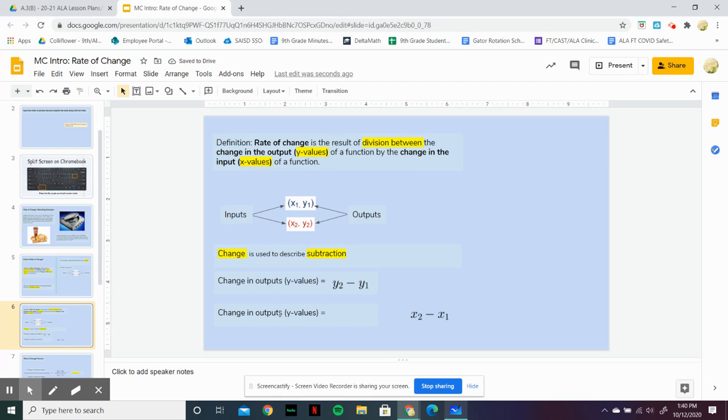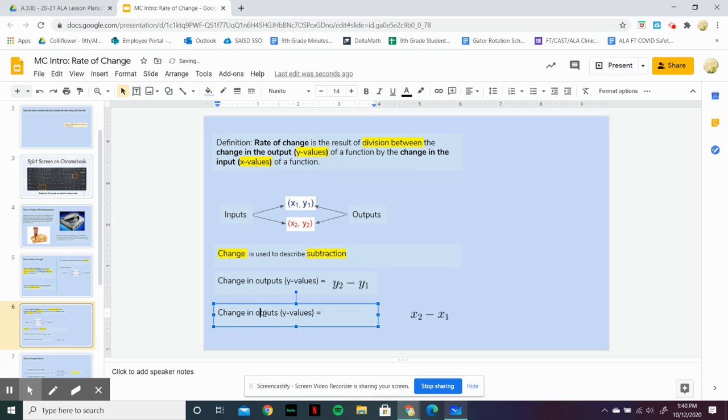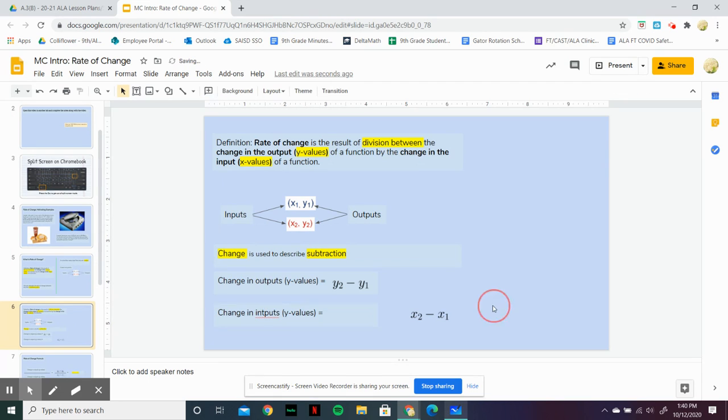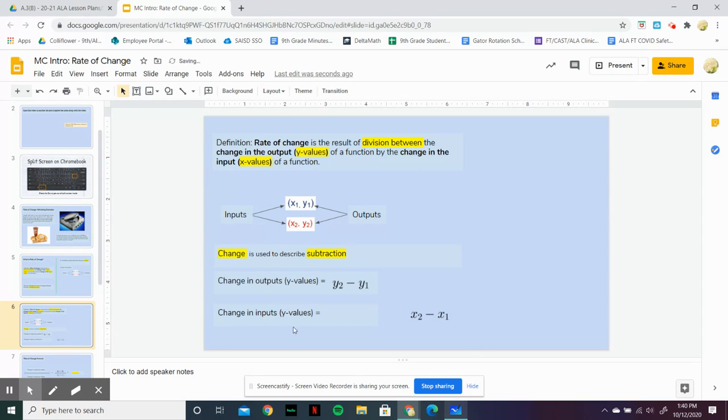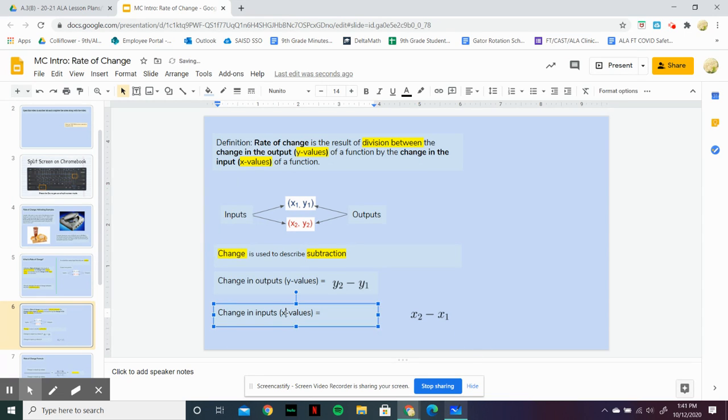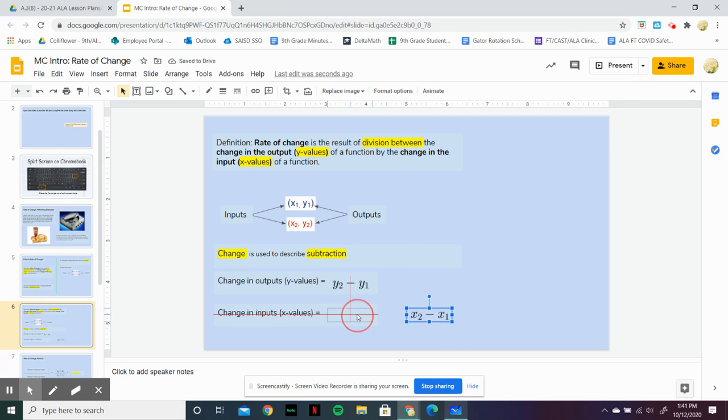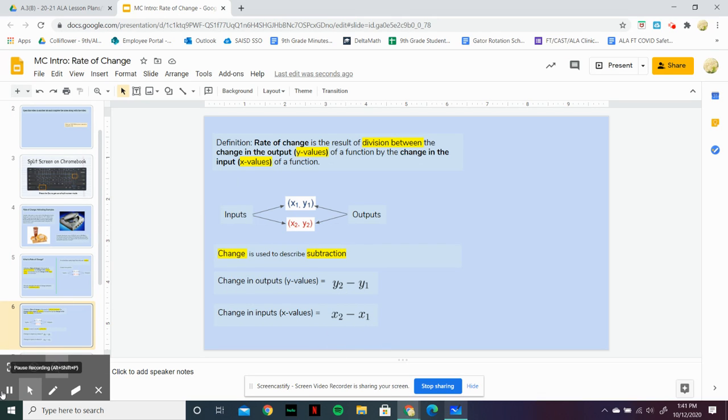And change in the inputs, which are the x values, would be x2 minus x1. So again, change means subtraction. We're subtracting the 2 output values and we're subtracting the 2 input values.